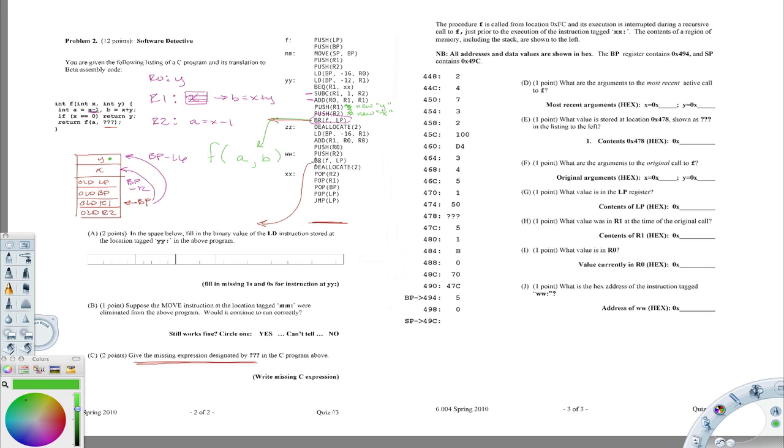So after all that, we're going to have the return of this function left in R0. Then we're going to load BP minus 16 into R1 again. We said that was y.